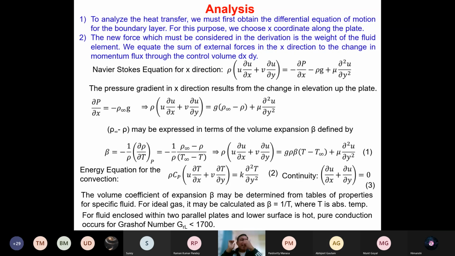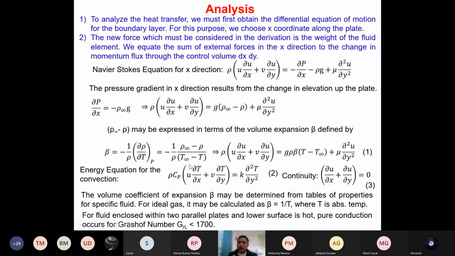So again, as I said, we will rely on developing the correlations for heat transfer coefficient. Typically you will see that the correlations in forced convection are in terms of a Reynolds number, while in natural convection they are in terms of a Grashof number. What is the Grashof number? We will see that in the next slide.